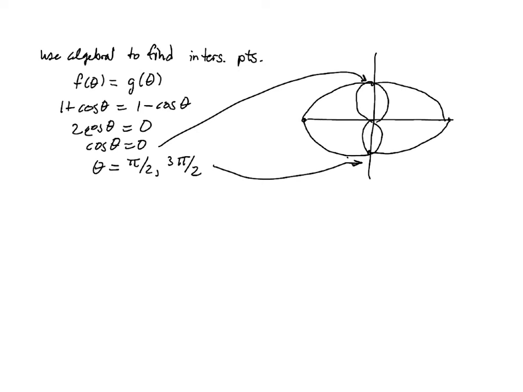Notice, though, that this technique, and we have to be very careful in general with finding intersection points, misses the fact that the origin is an intersection point. The reason is that in the first curve, you can represent the origin in polar coordinates as radius 0 and angle equals pi.